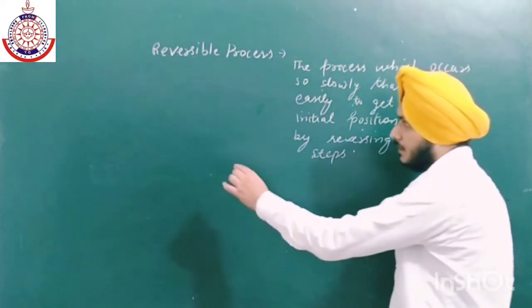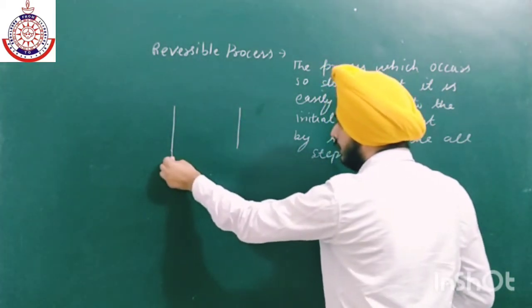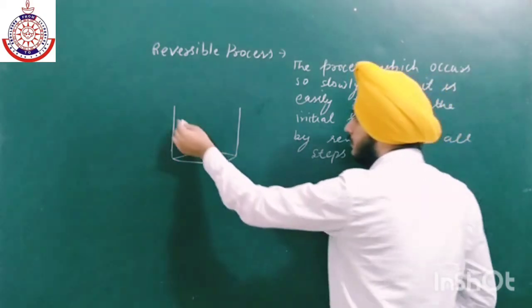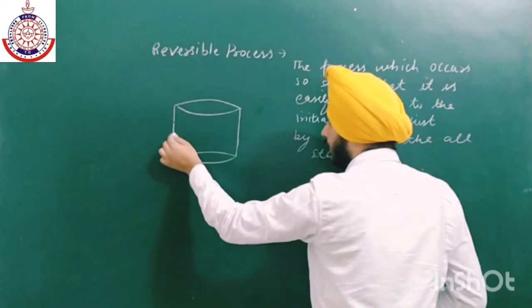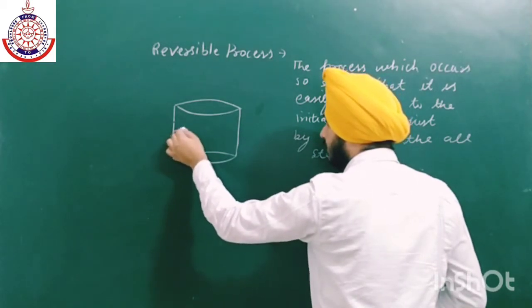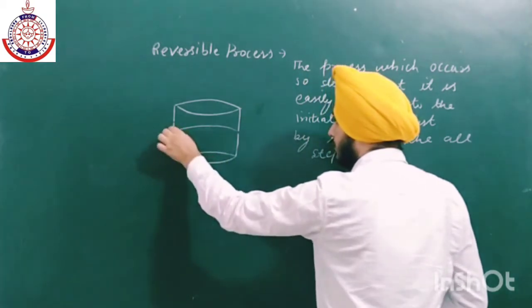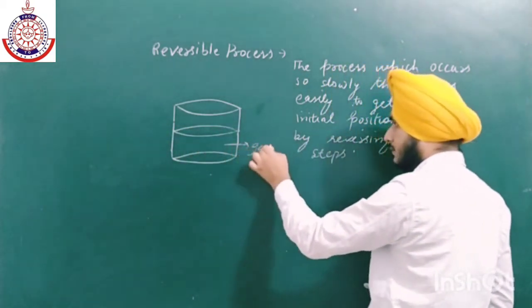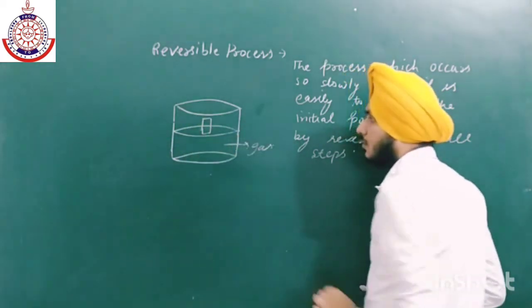For example, if I take a system, a cylinder with a piston, and here we have a gas. This is the system, and this is a piston over it.